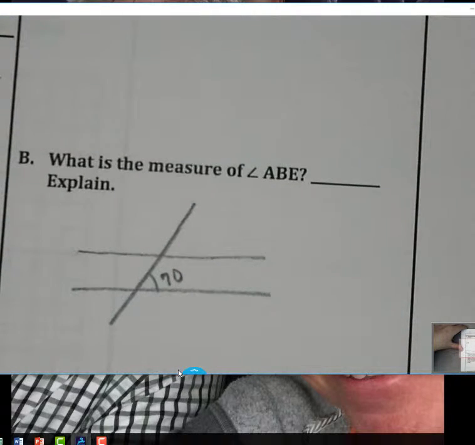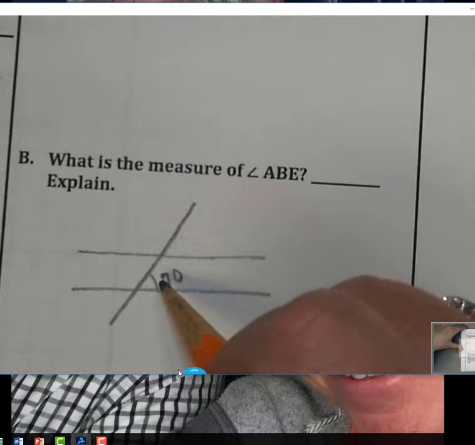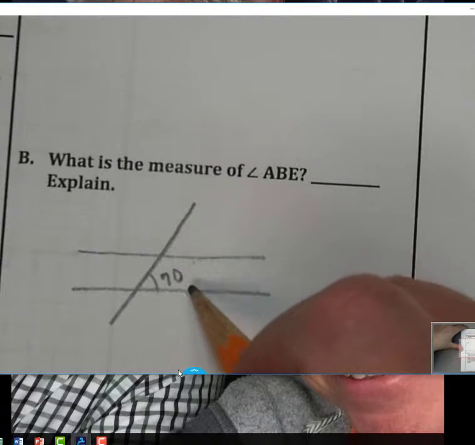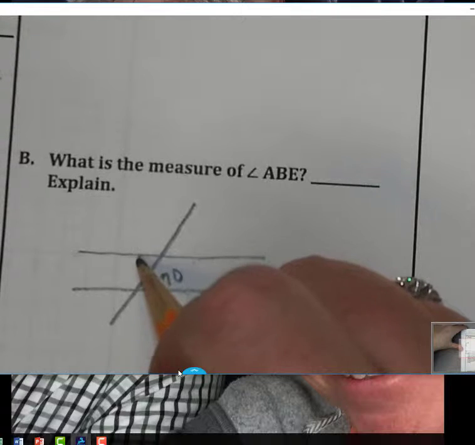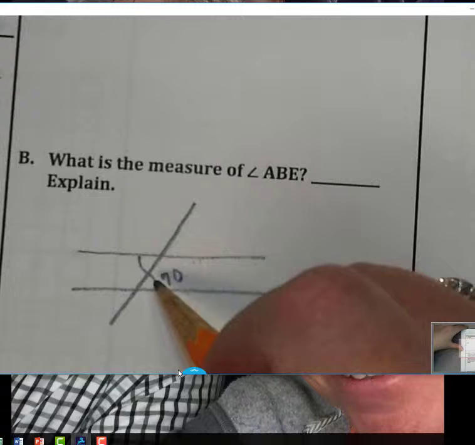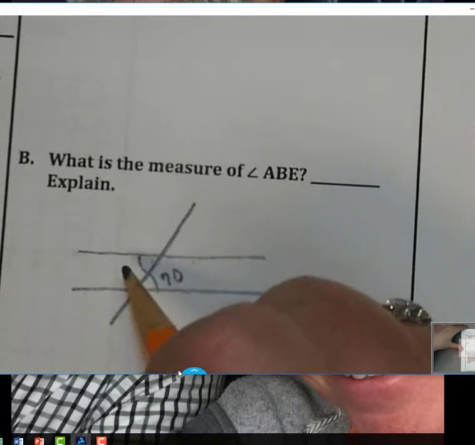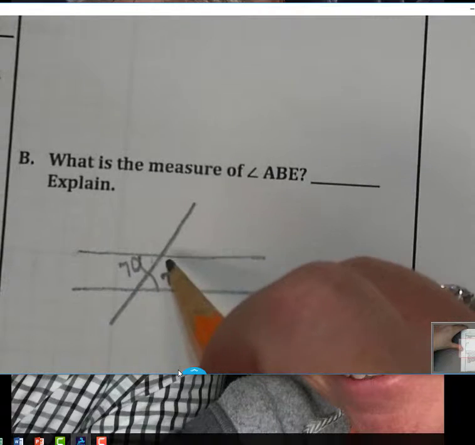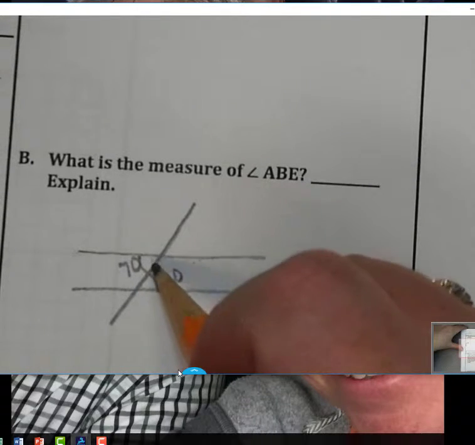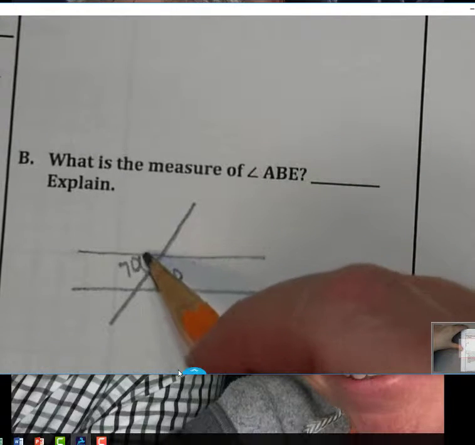There's a rule in geometry that says alternate interior angles are the same. So here's an interior angle because it is between the two parallel lines, and this is the alternate interior angle. Okay, also interior, and it's on the other side, so it's the alternate interior angle. So the postulate says that alternate interior angles between the two parallel lines are the same angle.